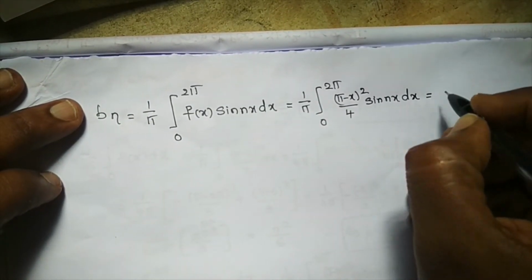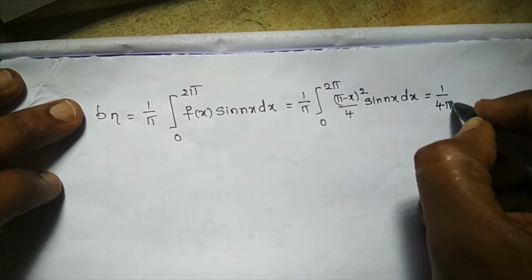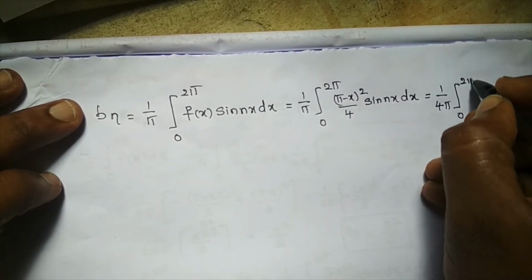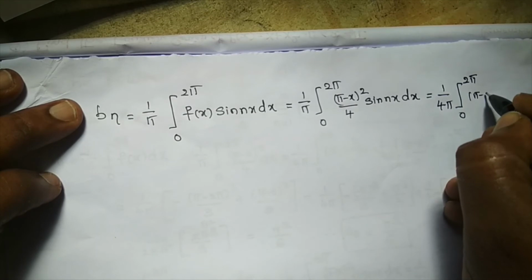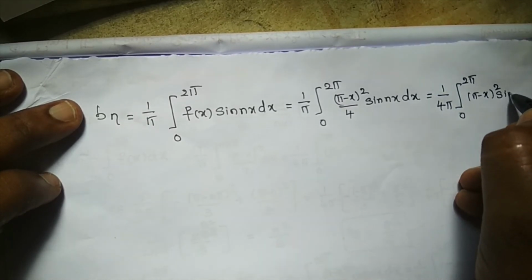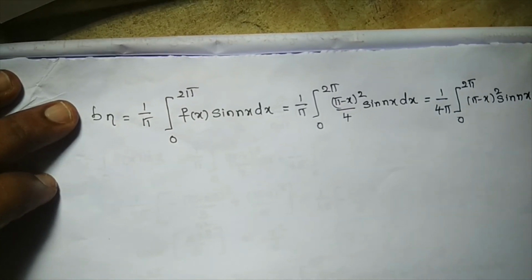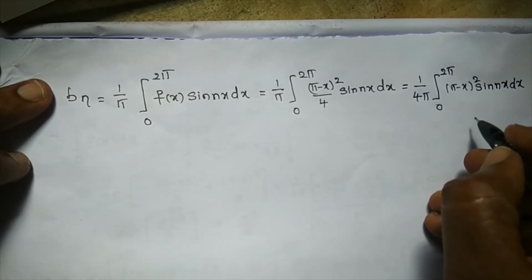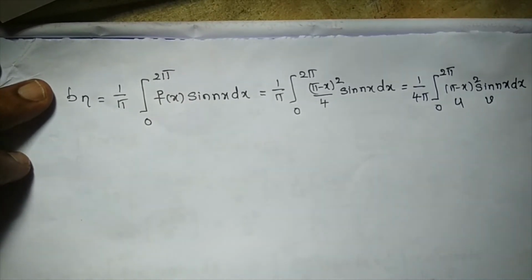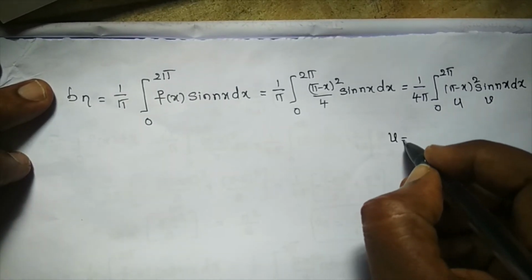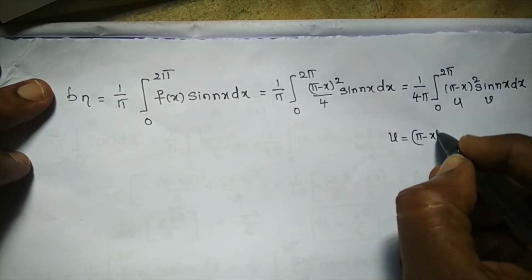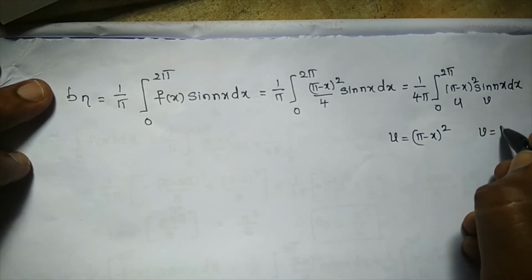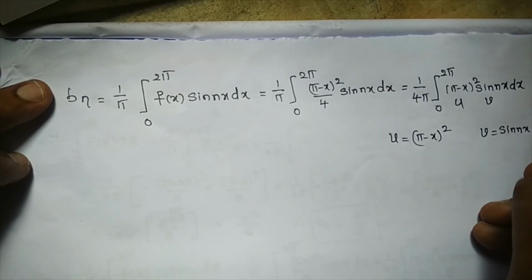So this can be written as 1 by 4 pi into the integral from 0 to 2 pi of pi minus x whole square sin nx dx. Again, this is u, this is v: u is equal to pi minus x whole square and v is equal to sin nx dx.